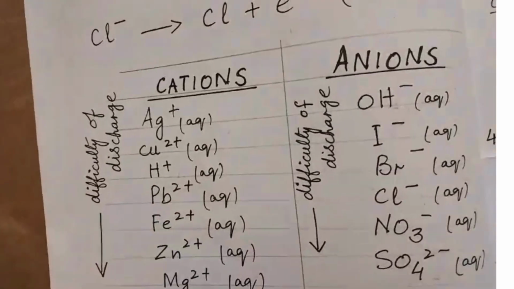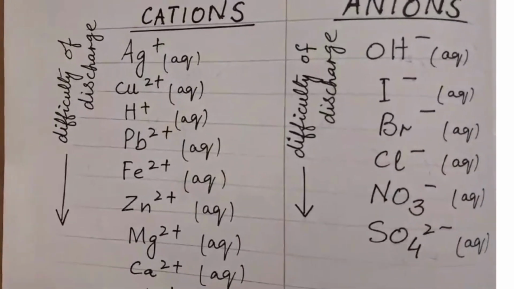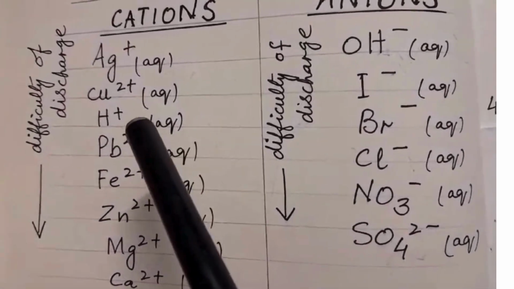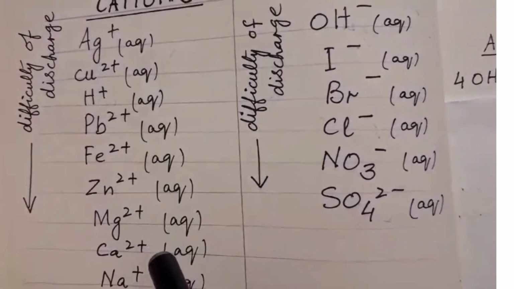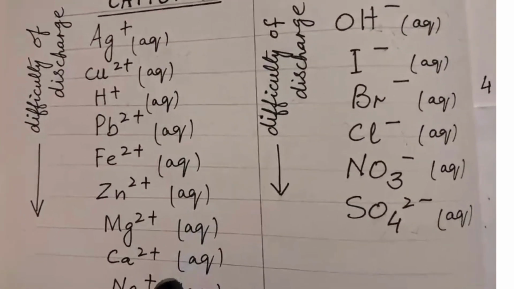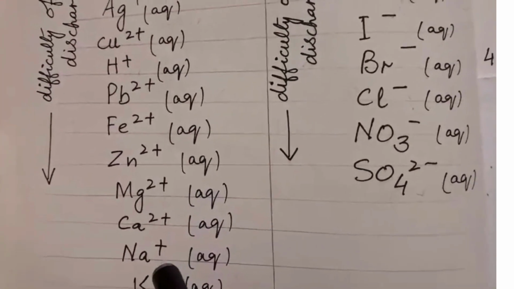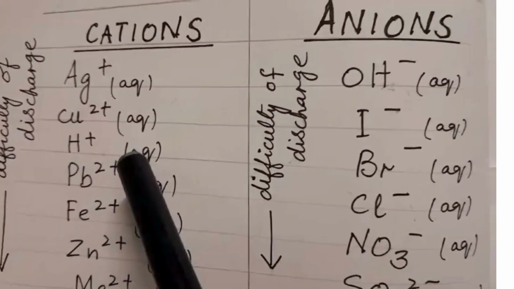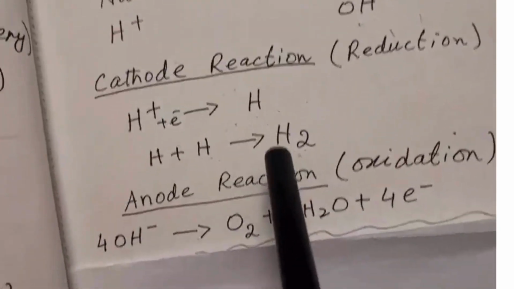Now we see the position of the cations in the list of preferential discharge. The hydrogen ion is at third position, and the sodium ion is at second last position, which is most difficult to get discharged. So the H+ ion will get discharged.